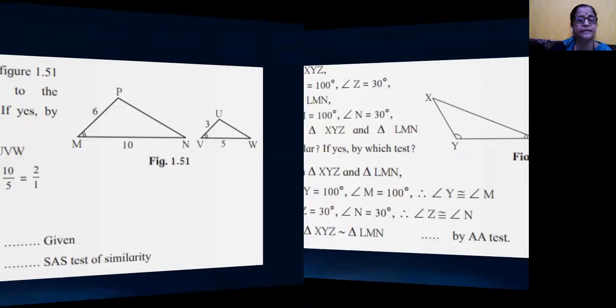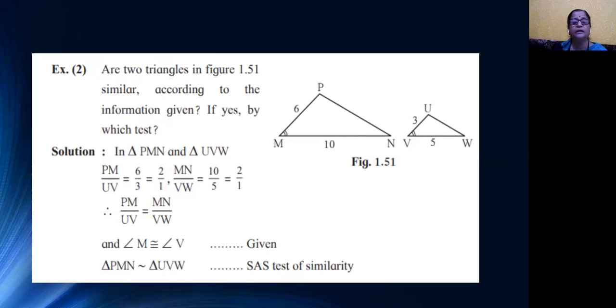In the next example, two triangles are given with values in the figure: triangle PMN and triangle UVW. PM is 6, MN is 10, UV is 3, and VW is 5. We take corresponding sides to check proportionality.